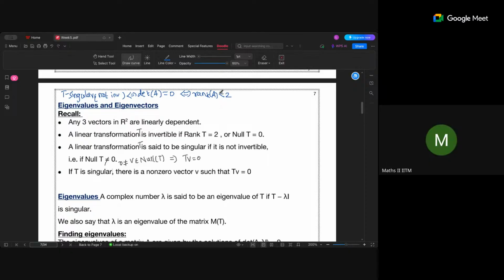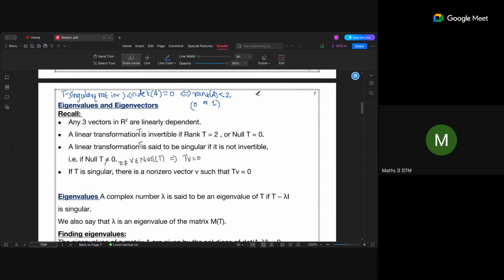It cannot be equal to 2. It should be strictly less than 2. Yes or no? It could be 1. Yeah, that's why I'm saying it's less than 2, so 0 or 1. It can be 0 or 1, right? So if rank of A is strictly less than 2, it is either 0 or 1.